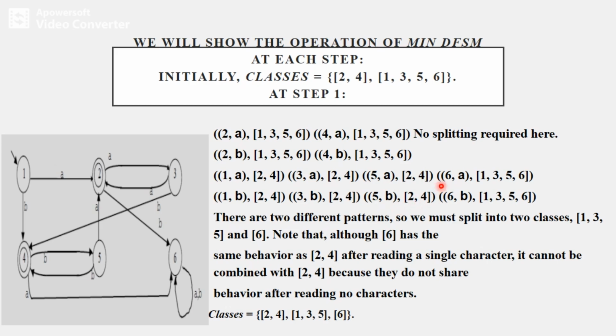Similarly, 5 on a and 5 on b also belong to 2, 4. Let's consider 6. 6 on a belongs to 1, 3, 5, 6, and 6 on b also goes to 1, 3, 5, 6.